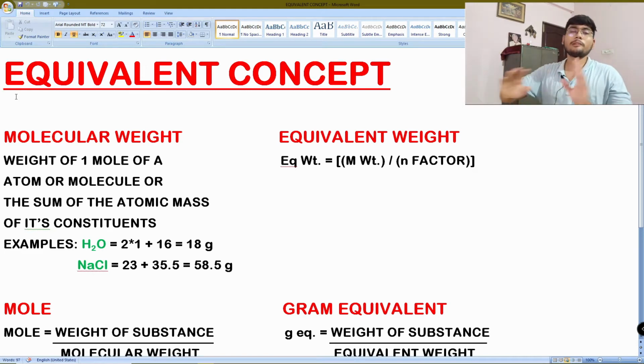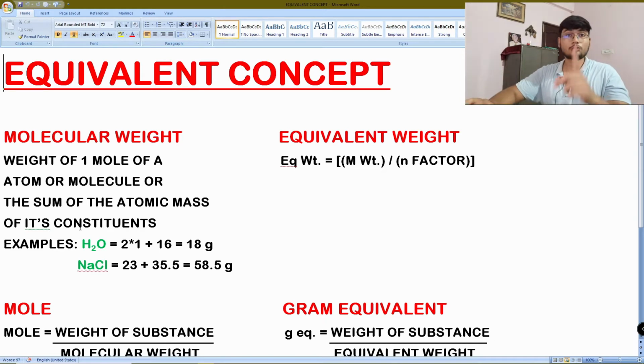So what is molecular weight? For example, you are taking water. If you want to know its molecular weight, simply add the atomic masses of the constituents of water. This means 2 atoms of hydrogen and 1 atom of oxygen. The atomic mass of hydrogen is 1 and the atomic mass of oxygen is 16.